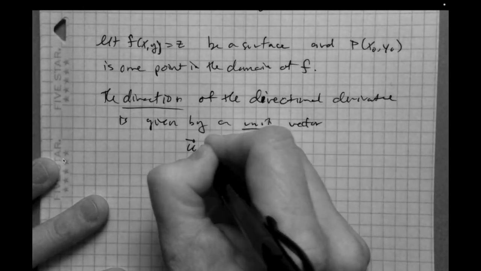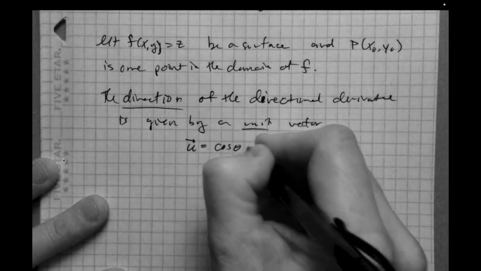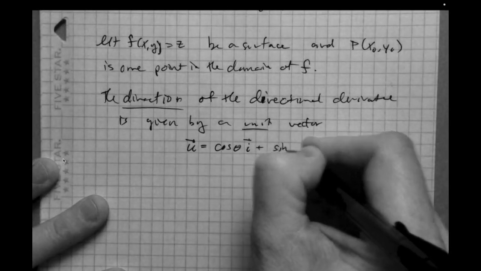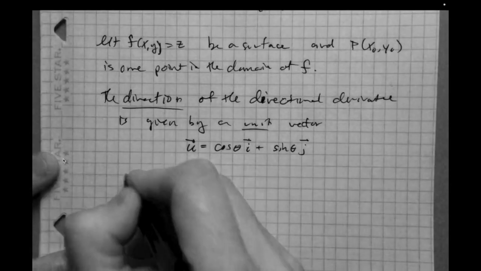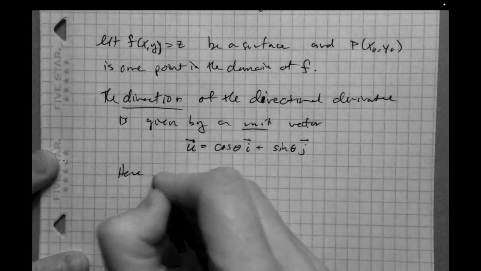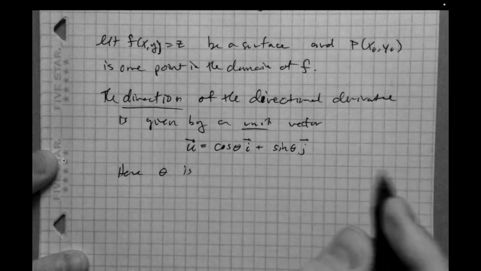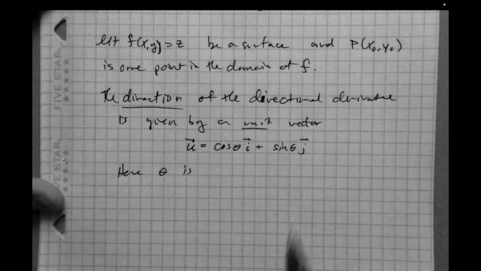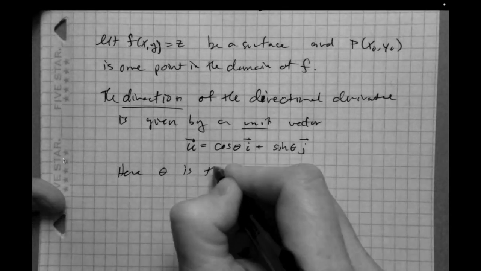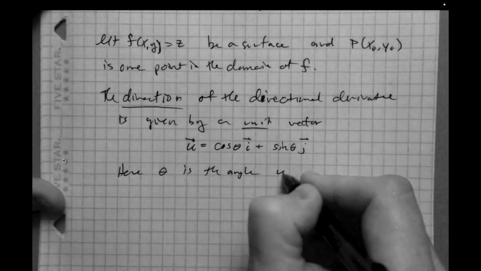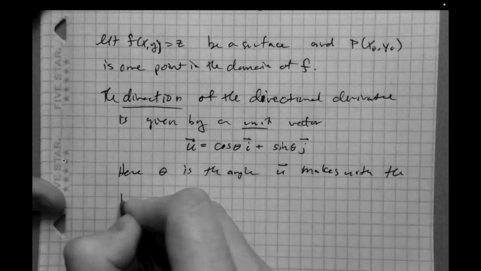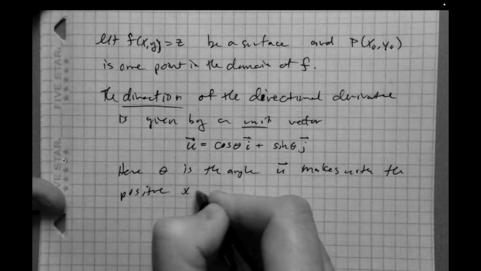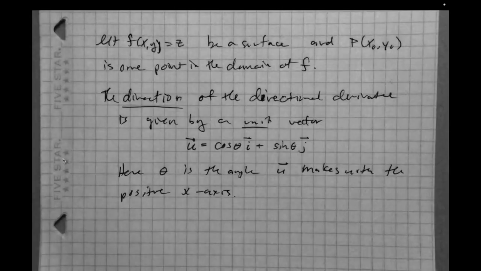It's going to be u equals cos theta i plus sine theta j. And here theta is the angle the vector makes with the positive x-axis. Okay, so this is what we're going to start with.